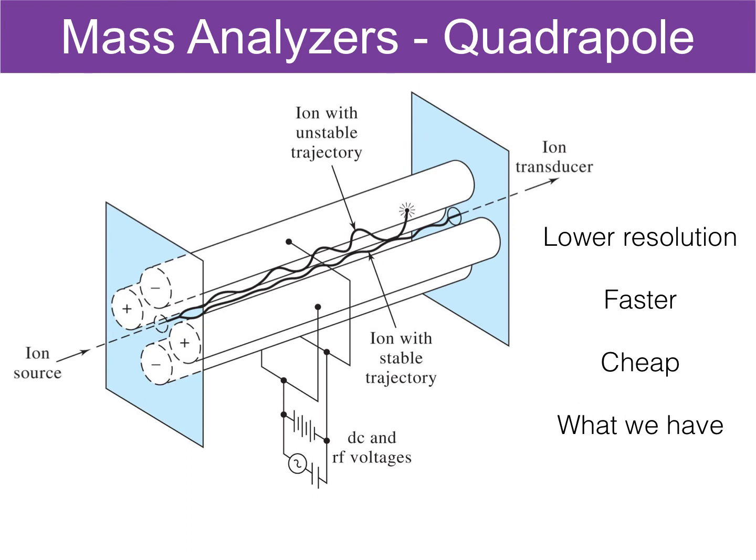So in order to deal with the fact that the curved mass analyzer, where we adjust the magnet and we let one m/z ratio through the analyzer area at a time, is so slow, we developed this method that's known as the quadrupole.